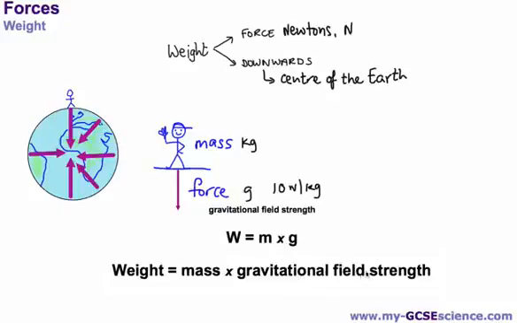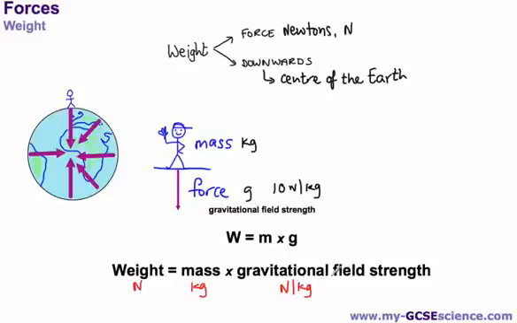This is actually given on the formula sheet in the exam. What they don't give you is the units. So remember, for weight it's newtons, mass it's kilograms, and gravitational field strength is newtons per kilogram.